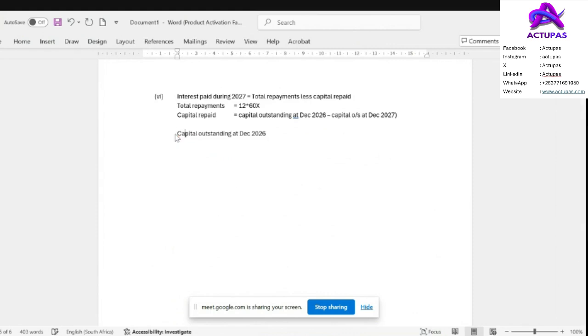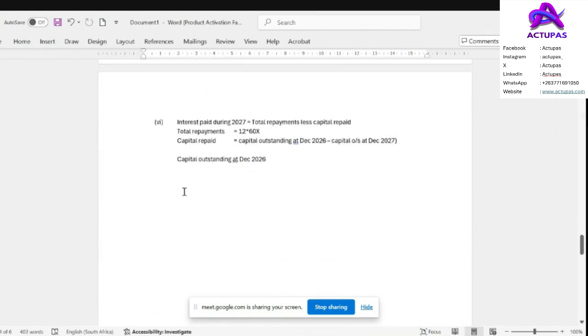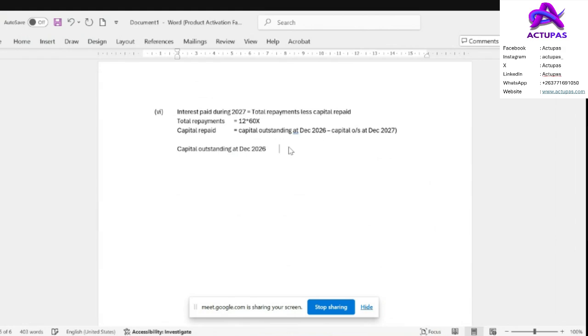The capital outstanding at December 2026 we computed in the last part, our 14,580. And then we want capital outstanding at December 2027.